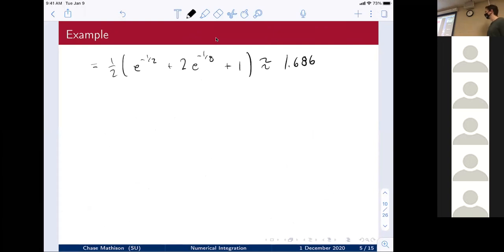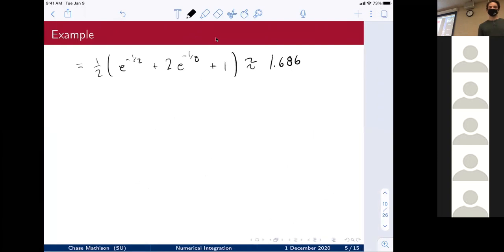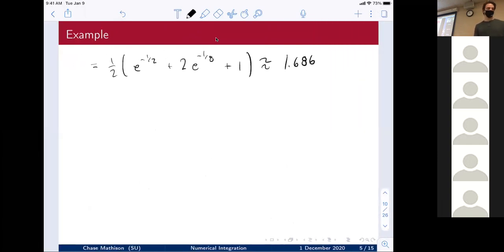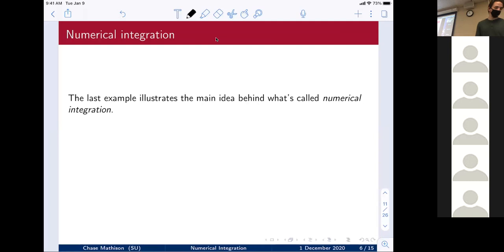That's really where the definition of the definite integral comes from. So that's the main idea behind numerical integration.